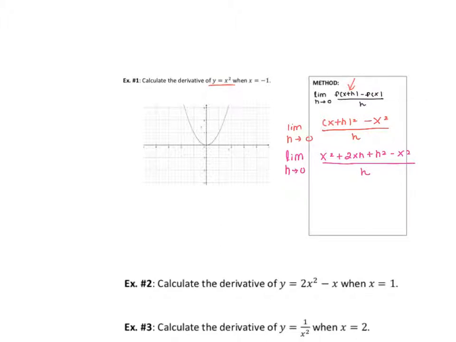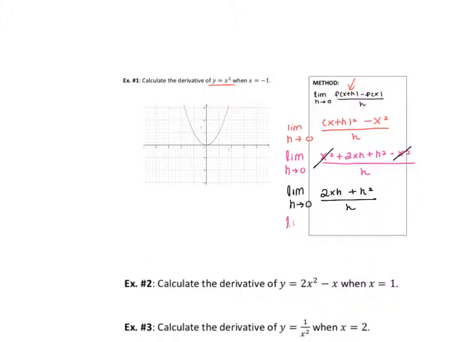Start crossing stuff off. You get the limit as h approaches 0 of 2xh plus h squared over h. You can factor out an h.